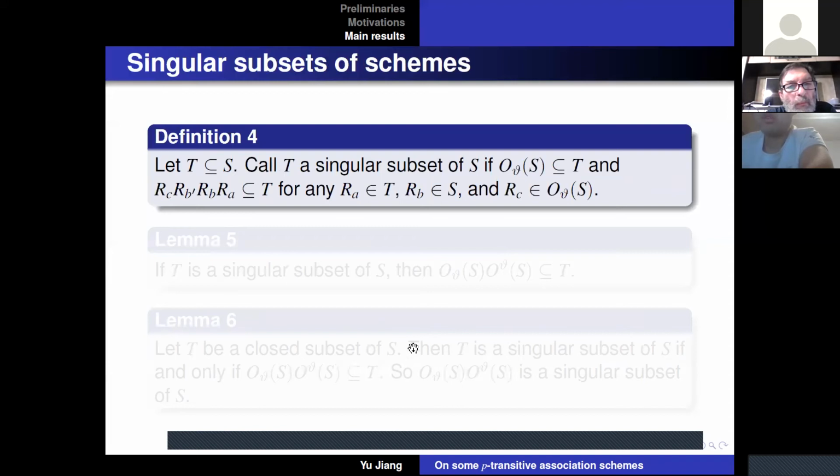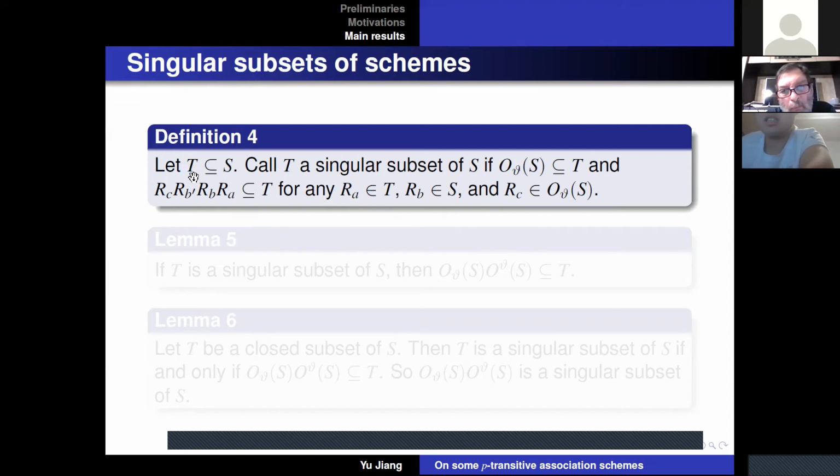Now, I want to introduce the tools that I use in this work. These are the so-called singular subsets of schemes. I use this name because I feel these subsets are very strange, and I usually don't understand them. The definition is as follows.